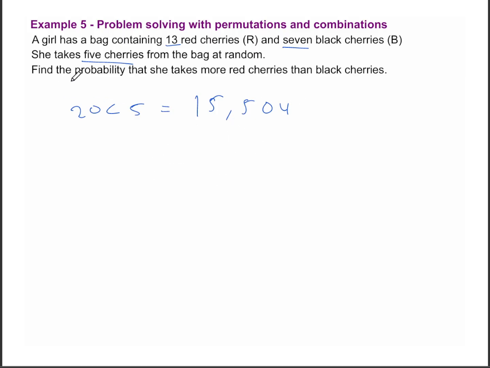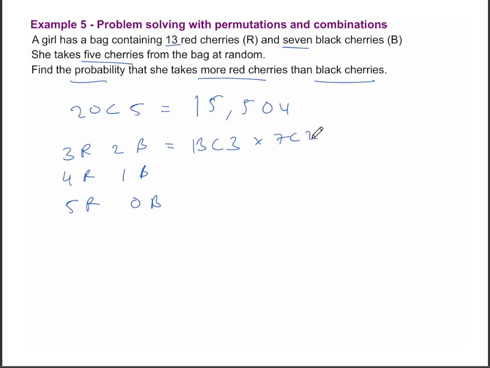From that, you want to find the probability that she takes more red than black. So for that, she can have 3 red and 2 black. She can have 4 red and 1 black. Or she can have 5 red and 0 black. And for that first one, 3 red cherries from a total of 13, so 13C3, multiplied by, because you want her to have those 2 black cherries in the same selection, 7C2.